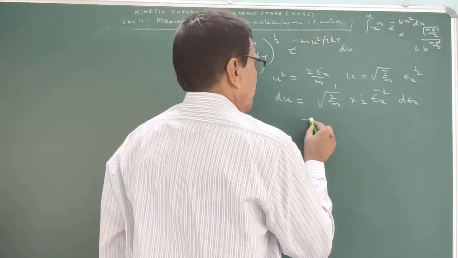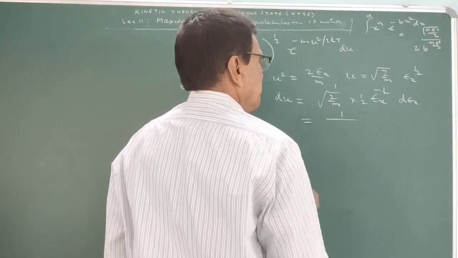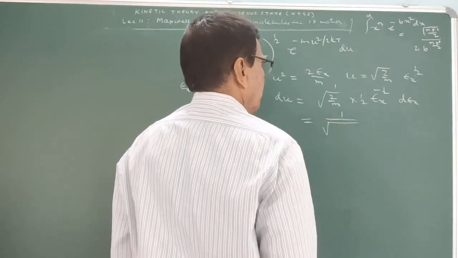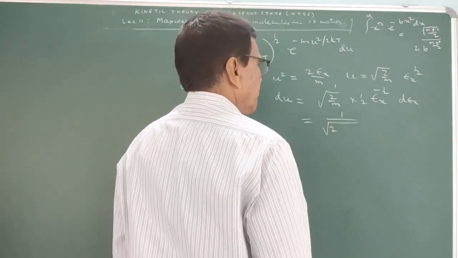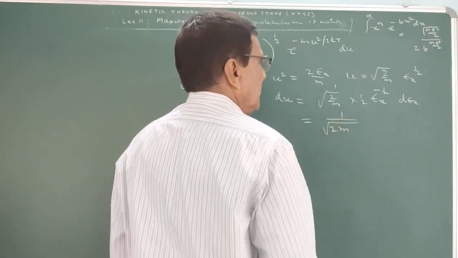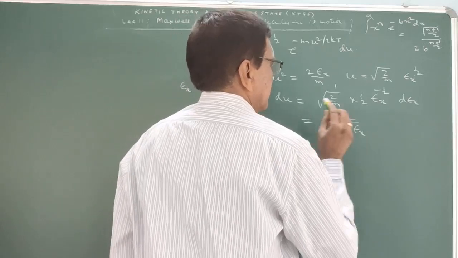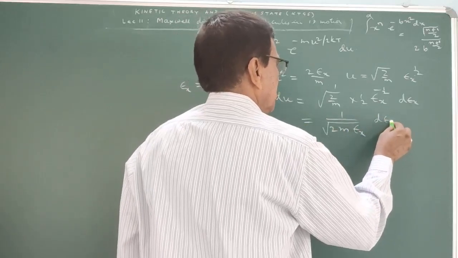Or you can write it here as 1 by root over of 2 m, and it is epsilon x to the power minus half into d epsilon x.